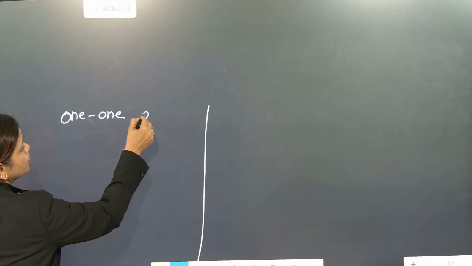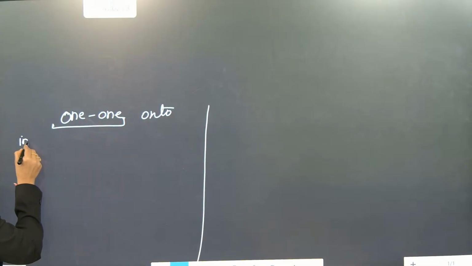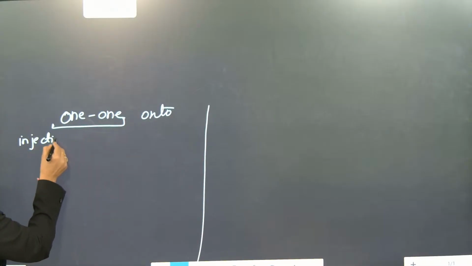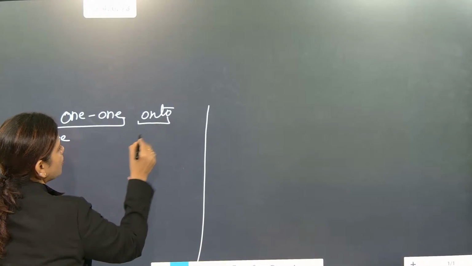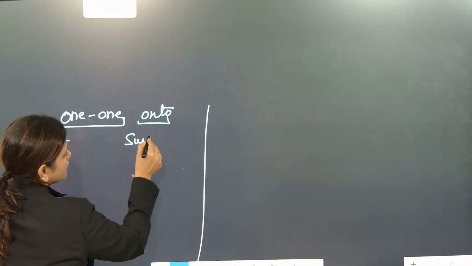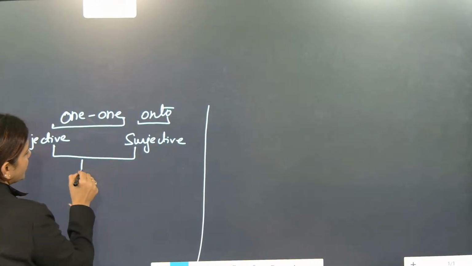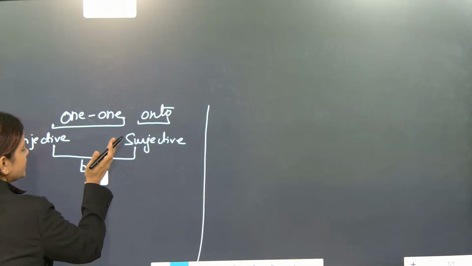So when it is 1-1 onto, what is the meaning of it? 1-1 is called injective. Note down. Onto is called surjective. Together they are called bijective.